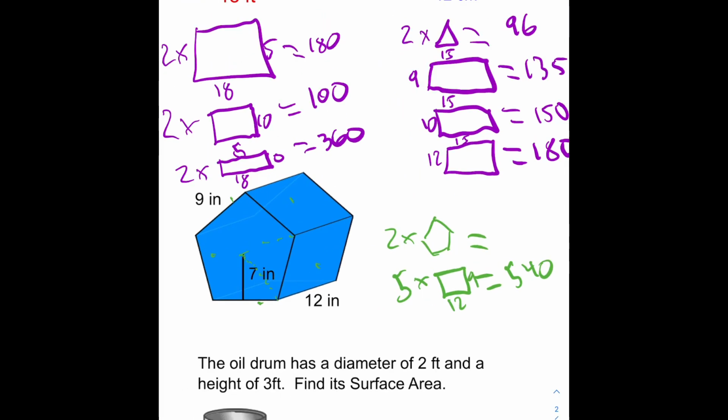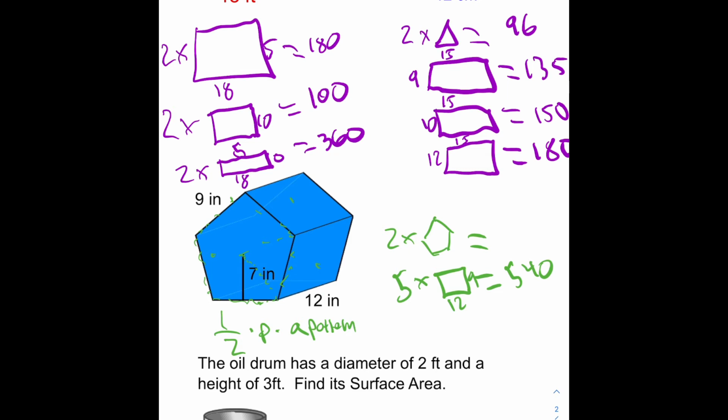Well, we ended up coming up with a formula that we could take, again, because we're using triangles, 1/2 times the perimeter times the apothem. So because I know this side's 9, this side's 9, this side's 9, this side's 9, this side's 9, 9 times 5 is 45. And then my apothem is 7.